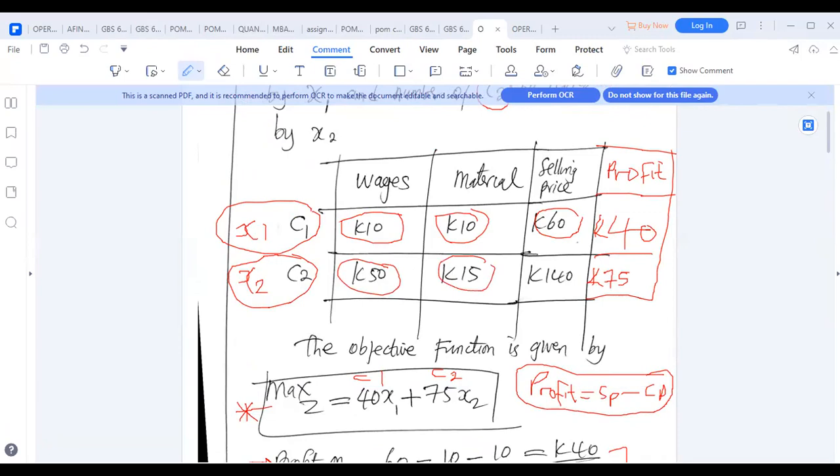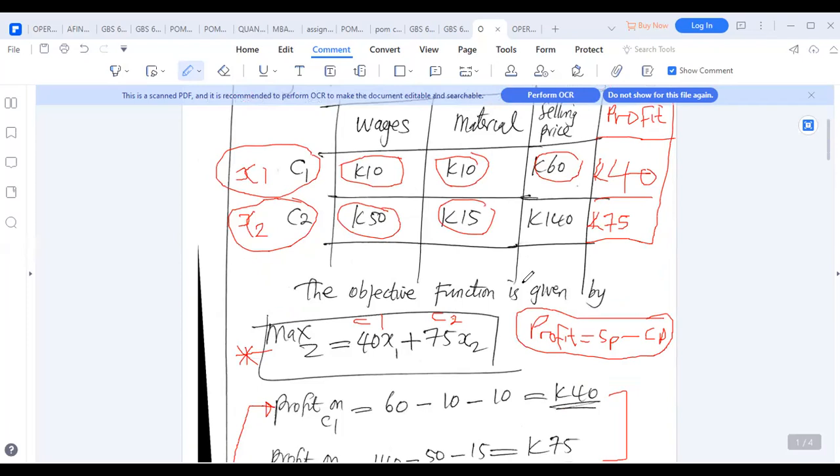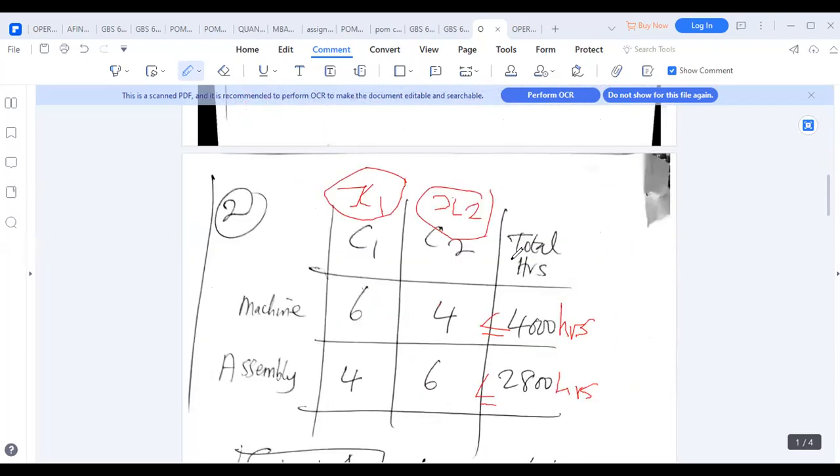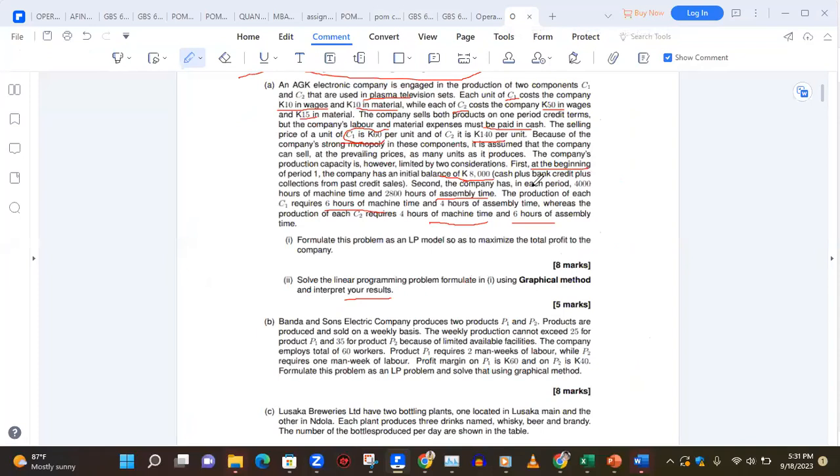The wages and material should be paid in full from the amount that we have here, the 10,000.